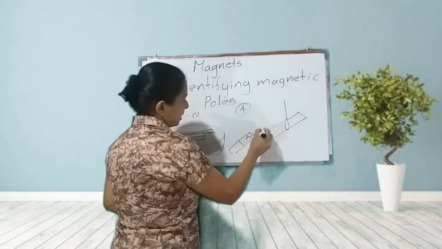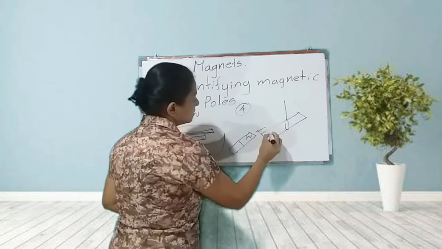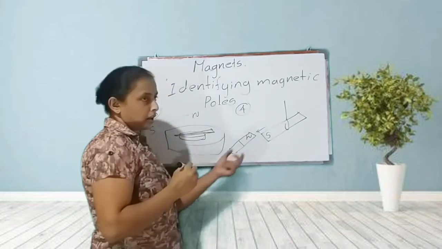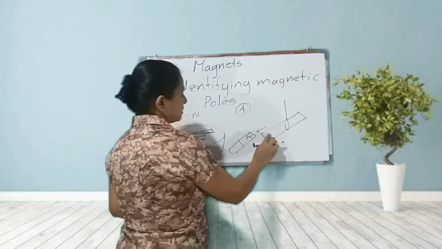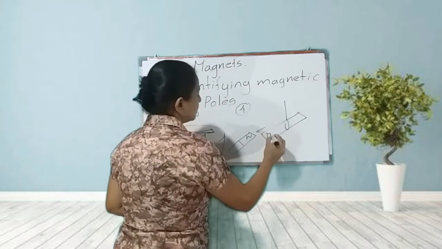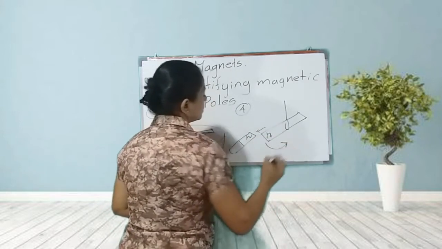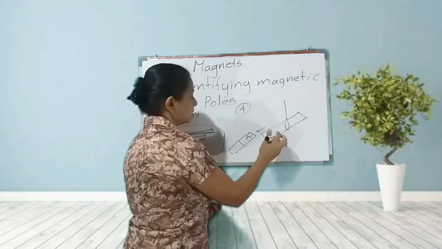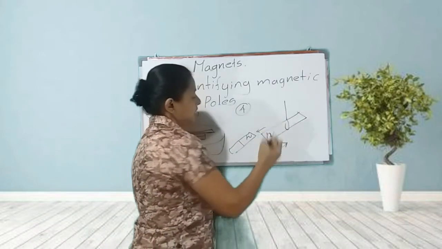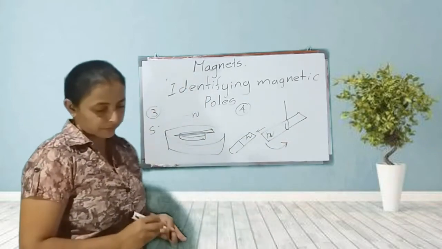If it is attached, this one is S, like poles repel. If it is repulsed, it is unlike poles.